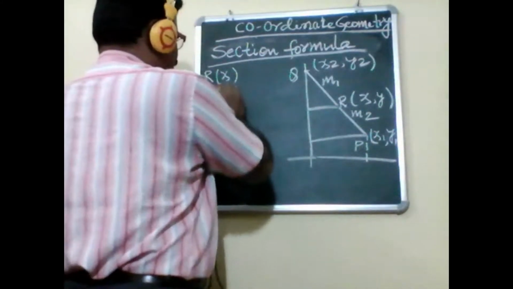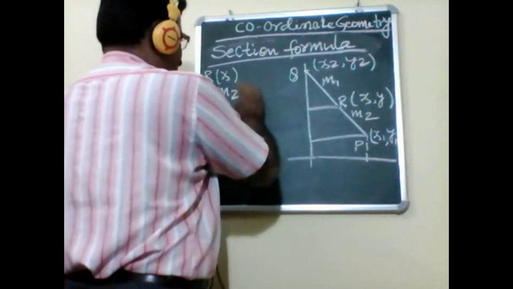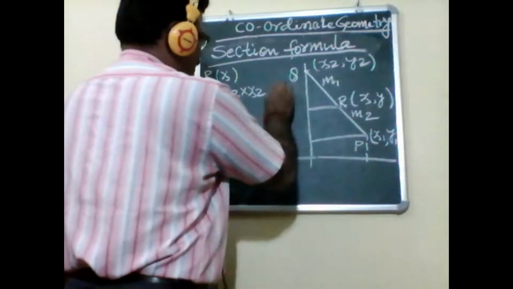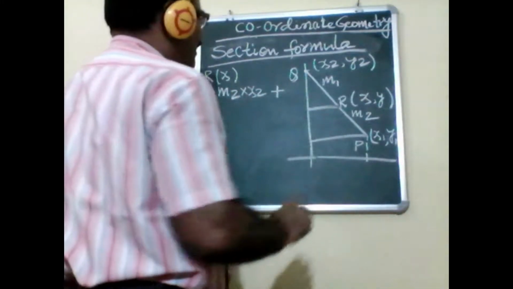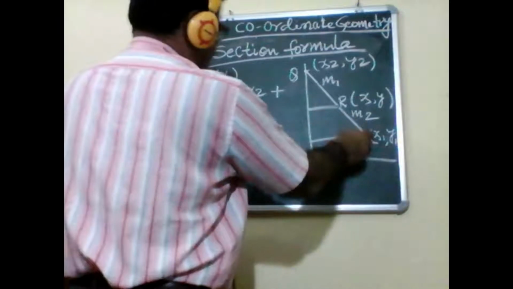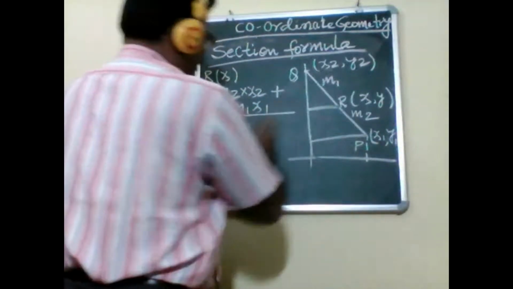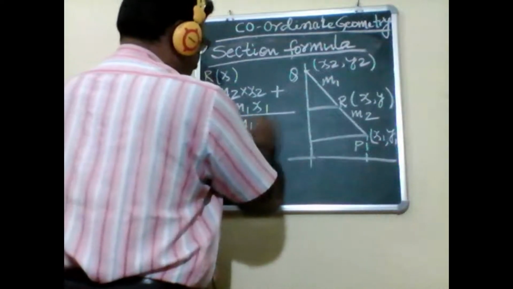So m2 into x2 plus m1 x1, and that should be divided by m1 plus m2.